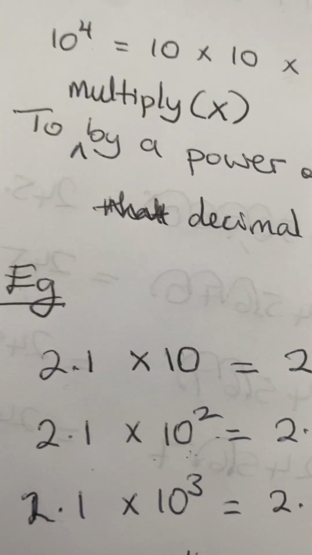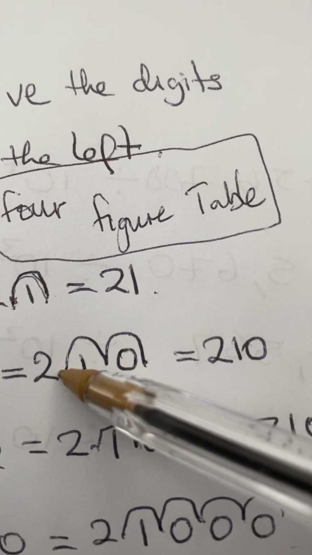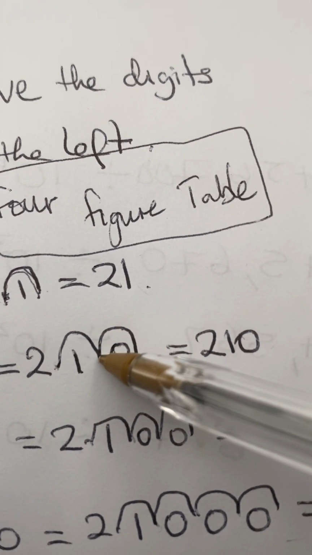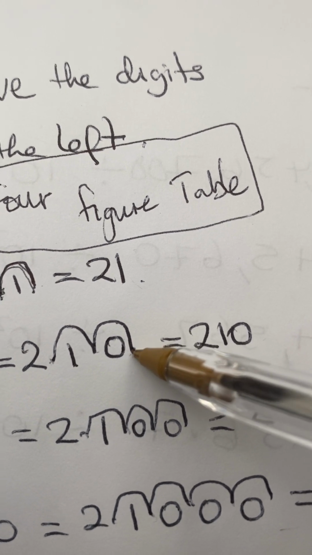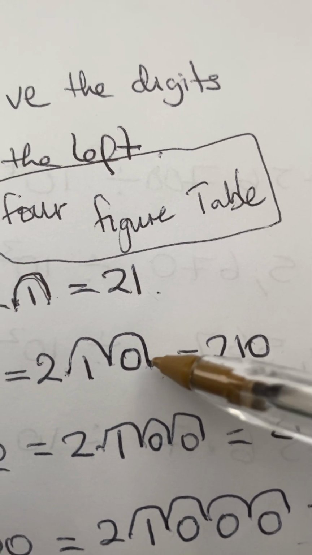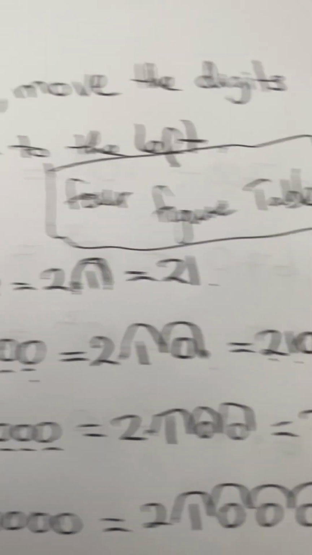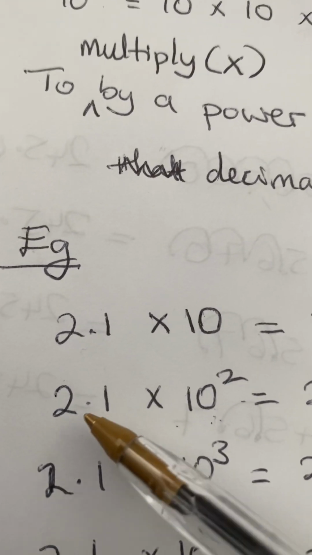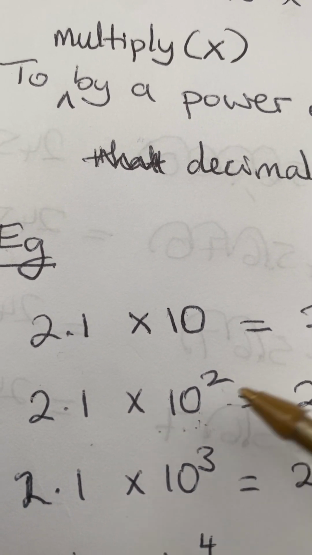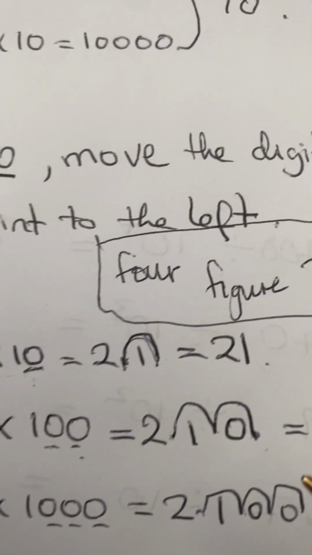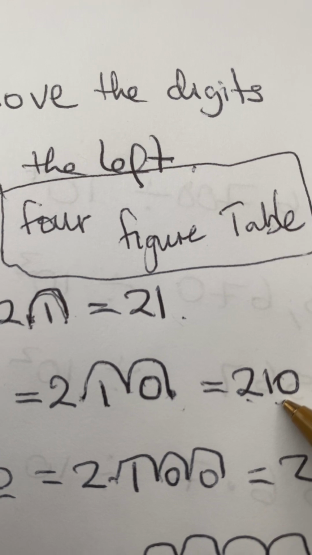Let's look at it again. So 2.1, the decimal is here. So 1 and 2. So the decimal is now here. So my new number is 210. So 2.1 times 10 to the power 2 will be equal to 210. Okay.